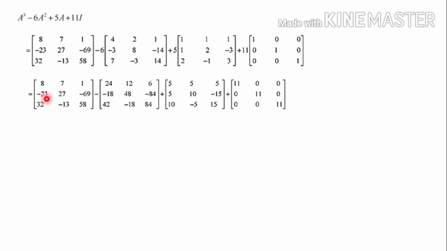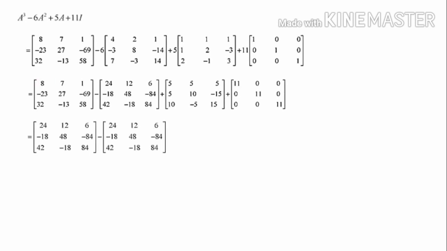Now here the first matrix we have to subtract the second, then we have to add, again we have to add. Here one subtraction is there, that I am taking separate, and the addition of matrices I am doing together. So the first matrix, third matrix and fourth matrix I have to add. Then I have to subtract the second matrix. So the addition I am doing together, that is 8 plus 5 is 13, plus 11, that is 24.